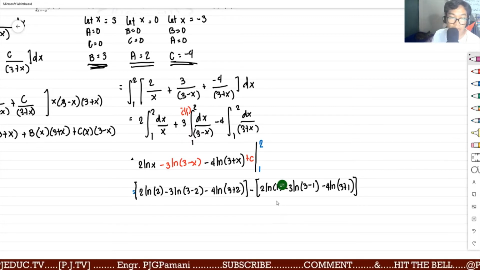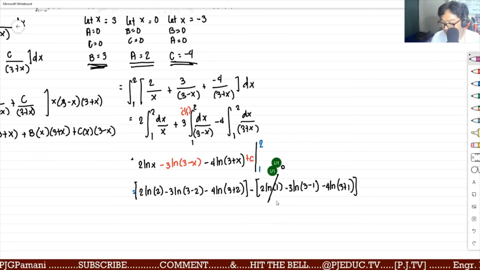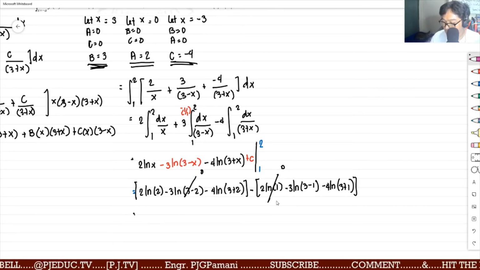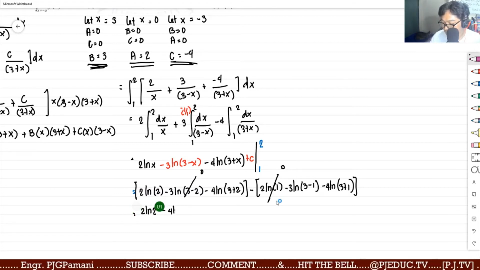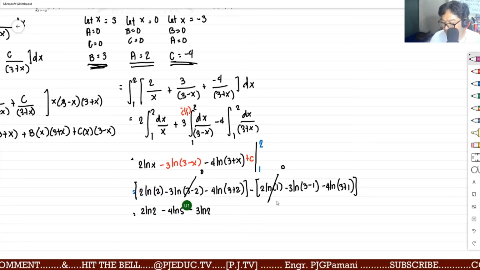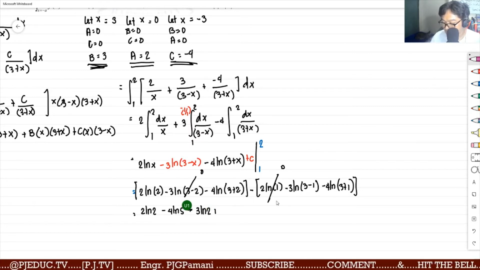Ln 1, remember, logarithmic of 1 is simply equal to 0. That is 3 ln 1, that is also 0. Yan. So, ang matitira na lang is 2 ln 2 minus 4 ln 5 minus 3 ln 2 plus 4 ln 4.